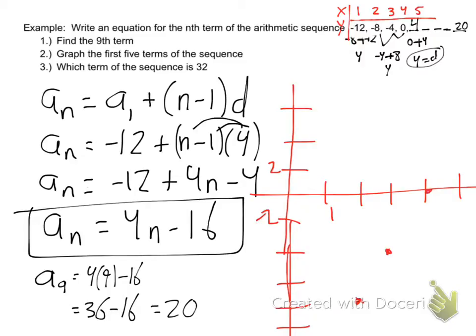And 0, right? And then one more, 5, 4. It forms a line.